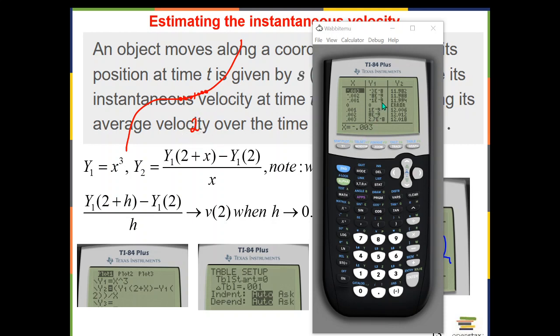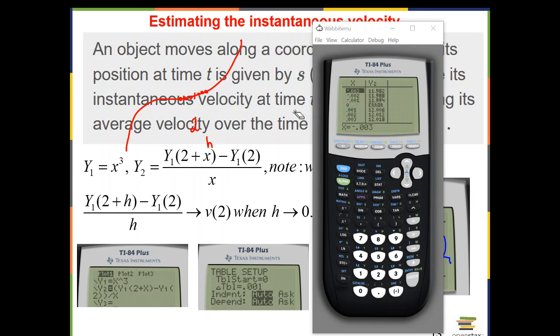So let's see, what are those numbers? Well, let me turn off y1 again because we don't need it, and go back to table. We're just interested in y2 because that gives us the slope of a secant line. So when h is 0, this x is the same as h, because we can't put h in the calculator, so I just put x instead.